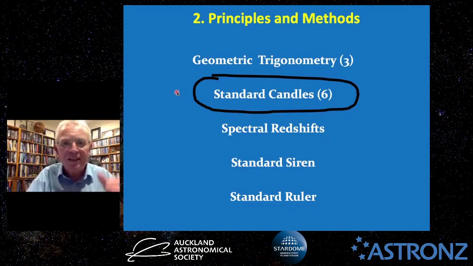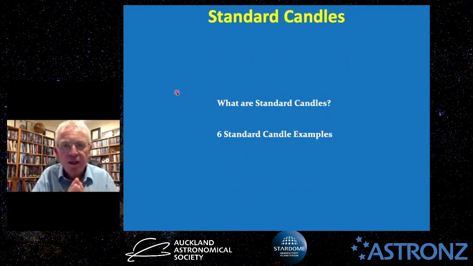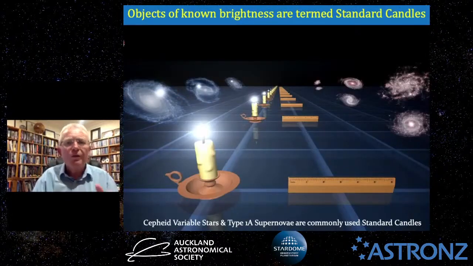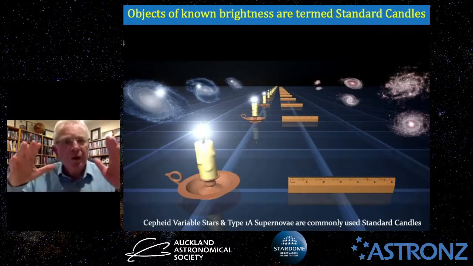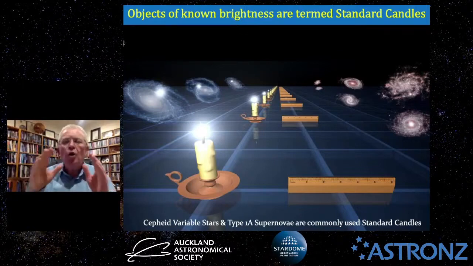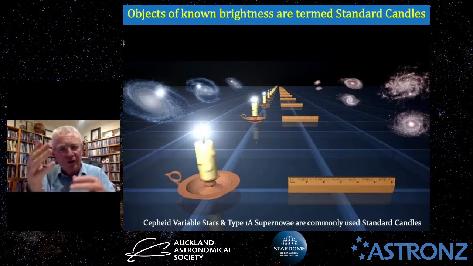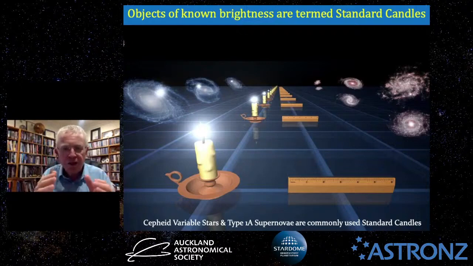Let's move on to standard candles, and we'll have 6 examples here. So first of all, what are standard candles? Well, a standard candle in astronomy is an object of known brightness. If you get anything that shines light, and you know exactly, because you understand the process going on there, how bright it actually is, it's called a standard candle.